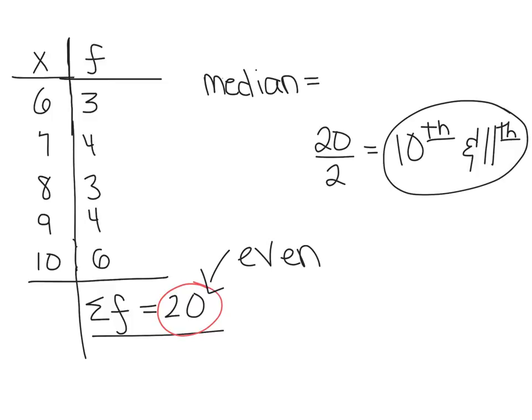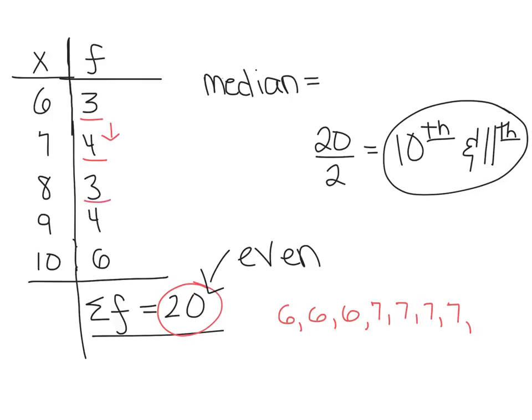If we look at the frequencies, we can see that the data set starts out with 3 6s. So I have 6, 6, 6. Then we can go down and I have 4 7s. So this would be 7, 7, 7, 7.